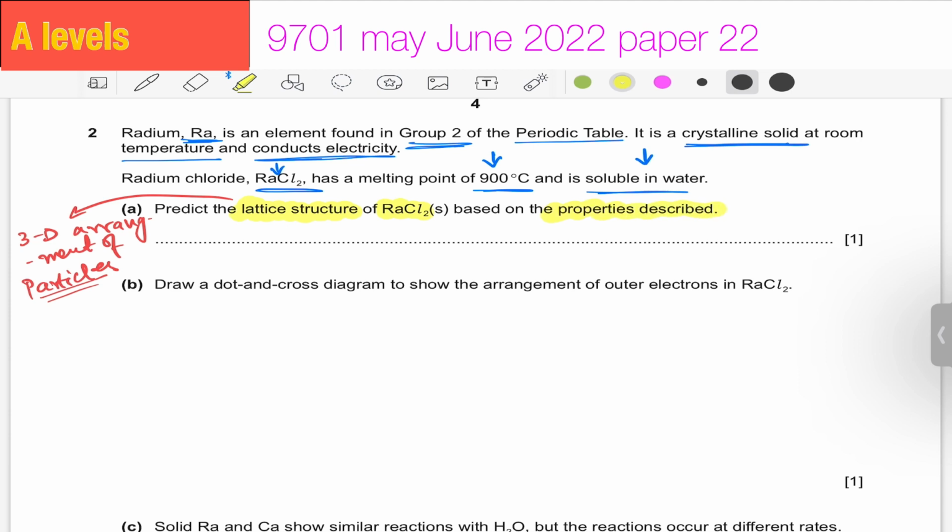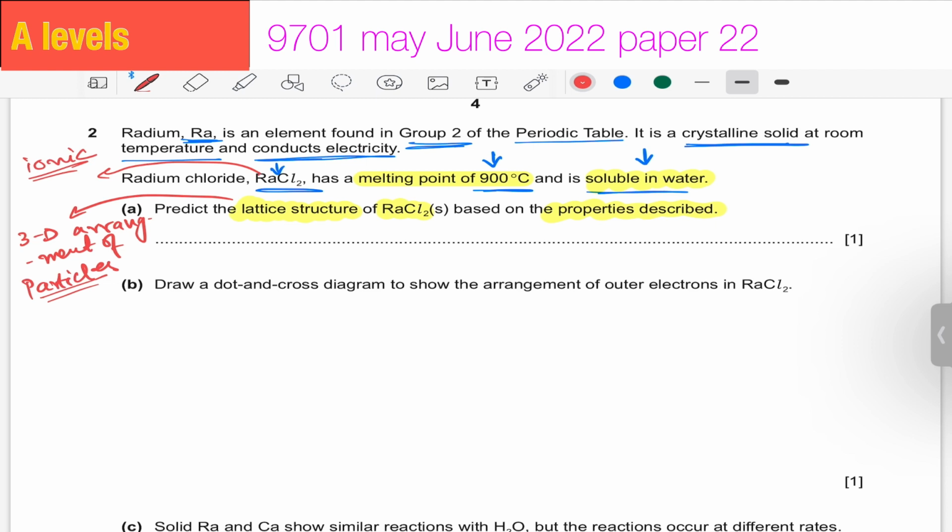So predict the lattice structure of radium chloride based on the properties described. They have given us a melting point of 900 degrees centigrade, which means a high melting point, and it is soluble in water. That suggests that radium chloride is an ionic compound. These are properties of an ionic compound.